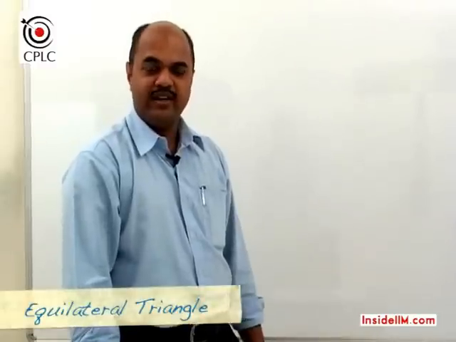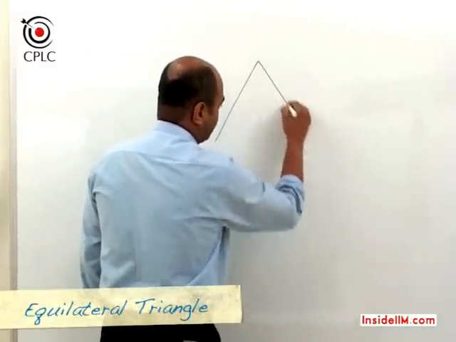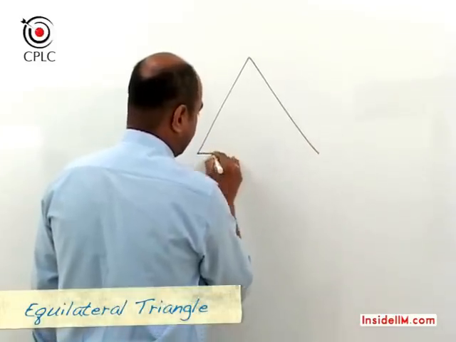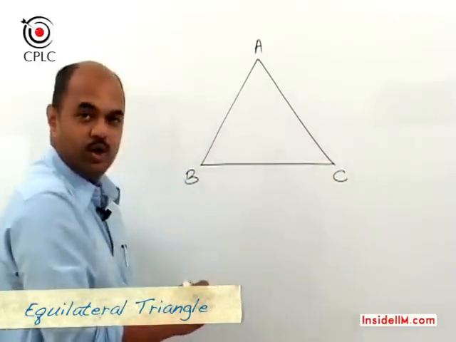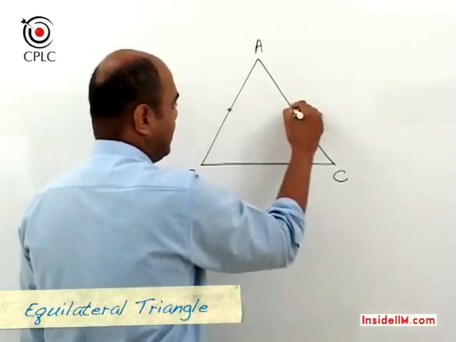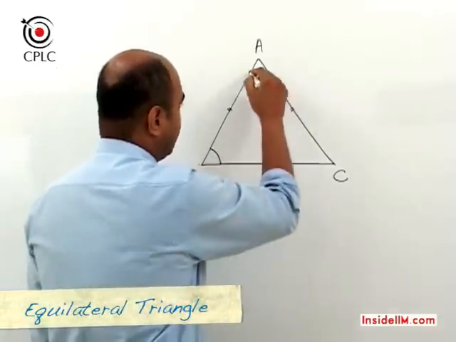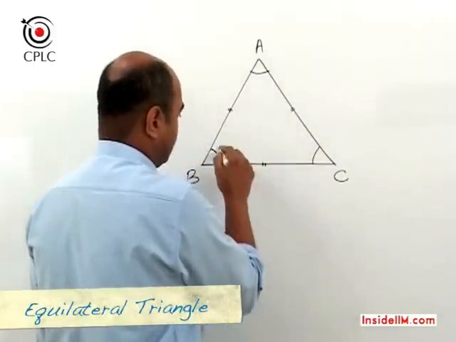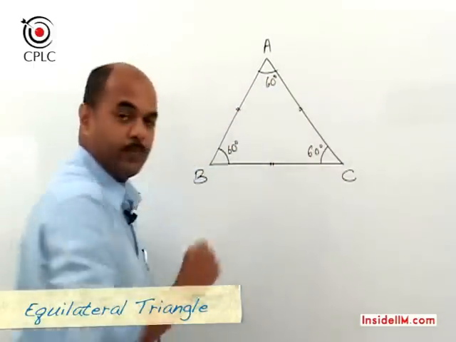Let's move on to an equilateral triangle. So what are the properties with respect to an equilateral triangle? First of all, by definition, all the three sides of the equilateral triangle would be equal and all the three angles would be equal to 60 degrees.